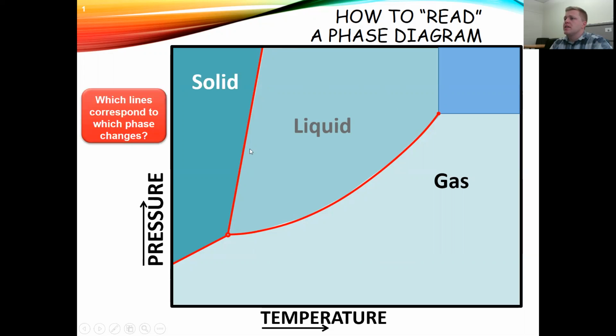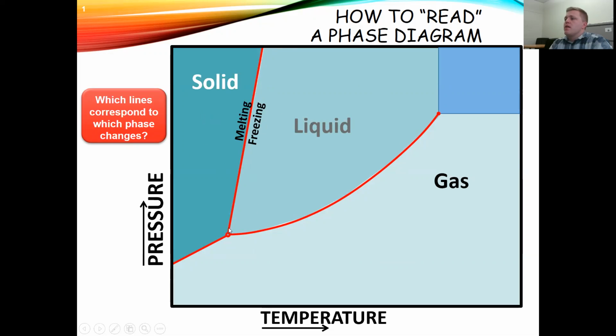Now let's talk about these red lines in here and ask which lines correspond to which phase changes. First, between solid and liquid, we have melting. If we're going from solid to liquid, we are melting across this red line. Going from liquid to solid is freezing.